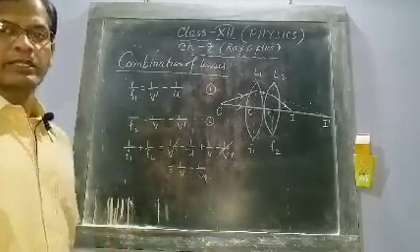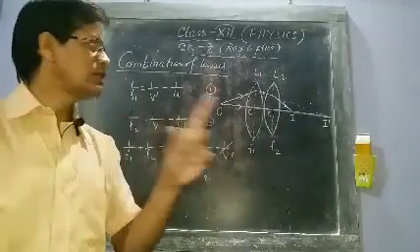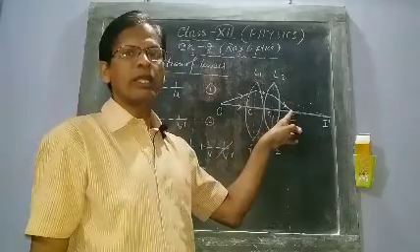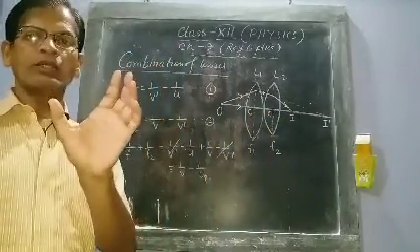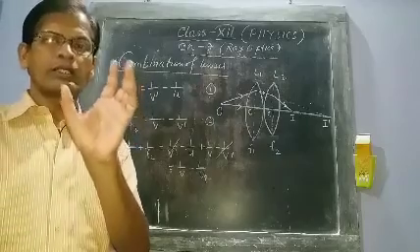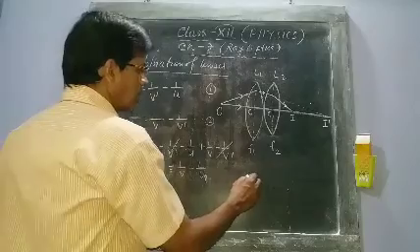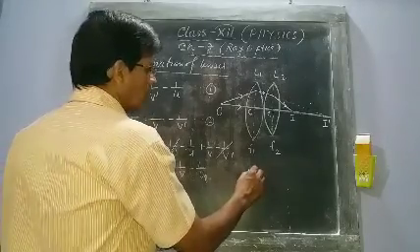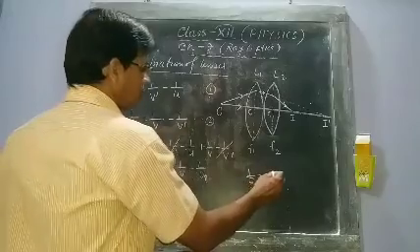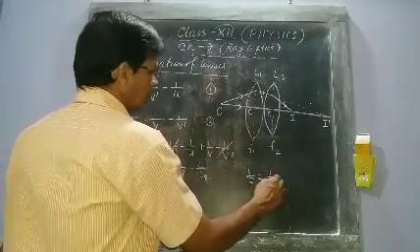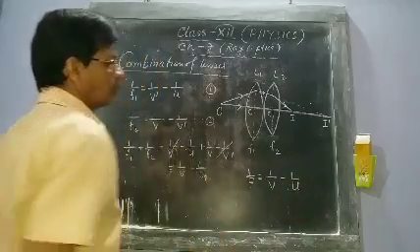If we replace these two lenses by a single lens, so that the final image is formed at point I, and the focal length of the single lens is f, then 1 by f equal to 1 by v minus 1 by u.